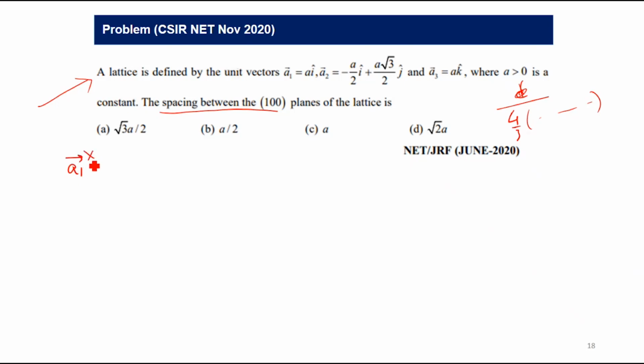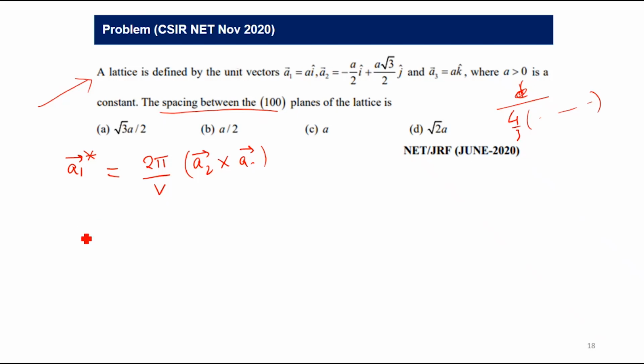I'm denoting the reciprocal lattice vector by A1 star. That will be equal to 2 pi by V, into A2 vector cross A3 vector, where V is A1 dot A2 cross A3, that is the volume. This will be my first reciprocal lattice vector.